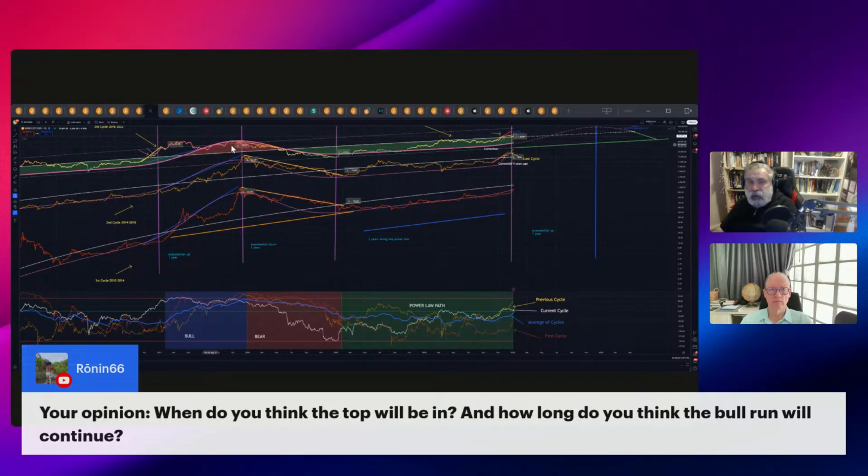For example, in the last cycle, we did a peak in April for the first time, but then we had a second peak in quarter 4. So I'm sticking with this idea that they seem to be all aligned around quarter 4 of that particular year, and this should be this year.